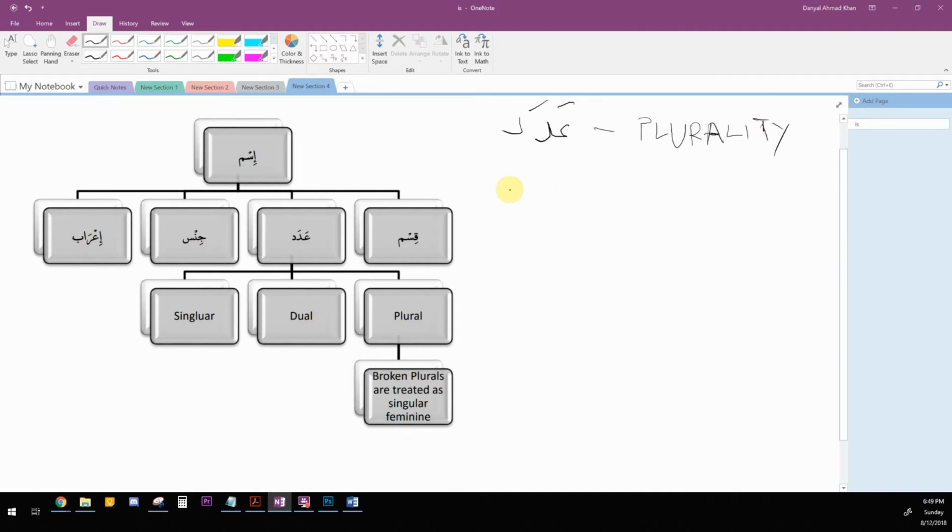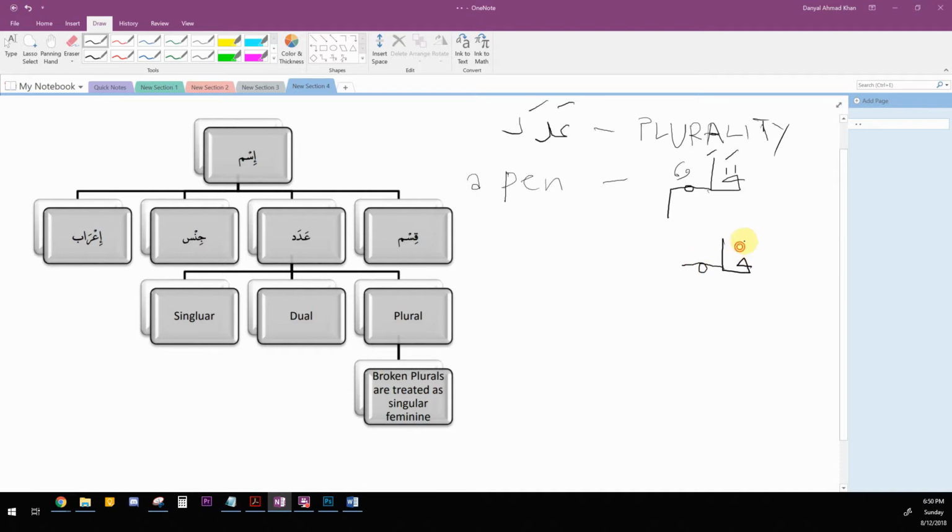So just like in regular English, we have nouns which are singular. For example, a pen is singular. In Arabic, that is qalamun. In Arabic, to make something dual is actually very, very easy.